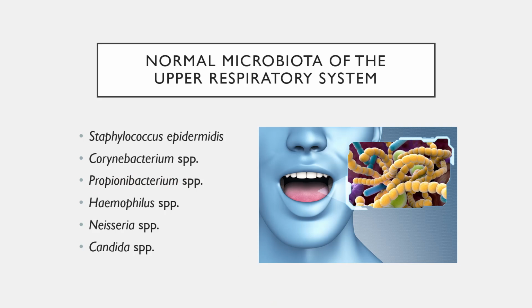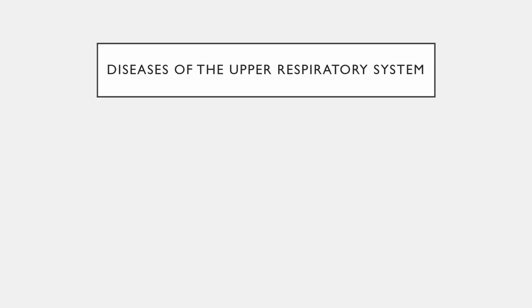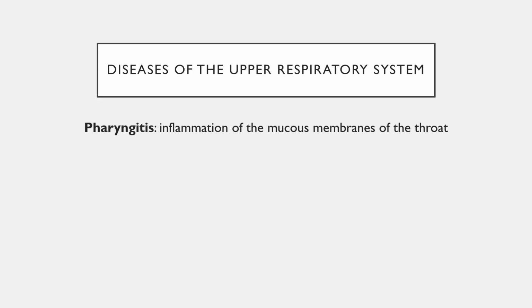As far as diseases of the upper respiratory systems go, there are a few terms that you'll hear used when talking about inflammation and infection of these different components. Pharyngitis, remember the pharynx is the throat, so pharyngitis is inflammation of the mucous membranes of the throat.